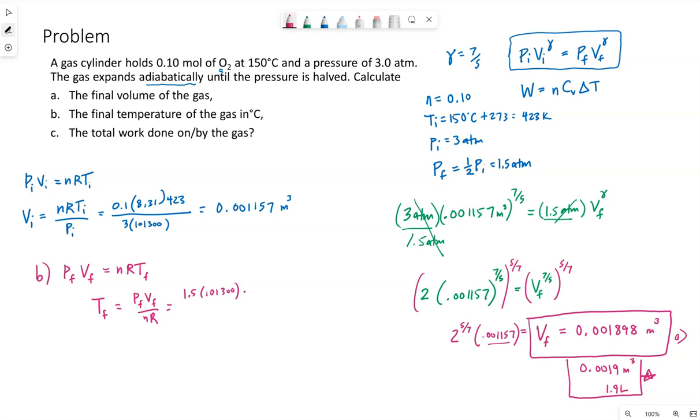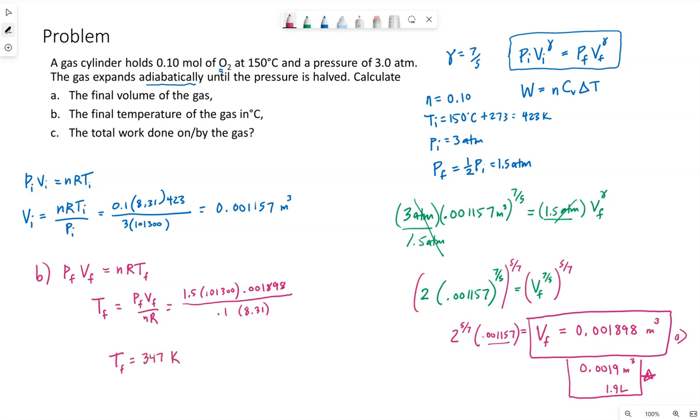Our volume, 0.001898. I'm using a less rounded number in this calculation just to minimize rounding. N is 0.1, R. So T final I'm getting 347.